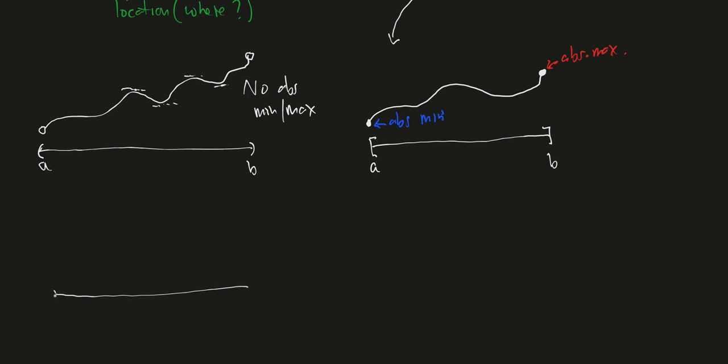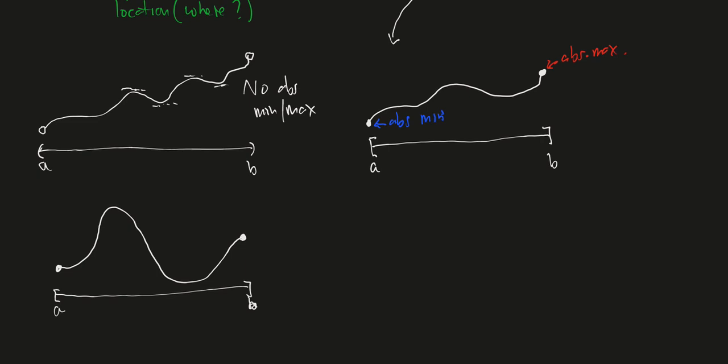All right, so again, let's say we have a closed interval A to B, right? It could be a situation where my function does something like this, where the absolute max would be right here. Again, identify that highest point.